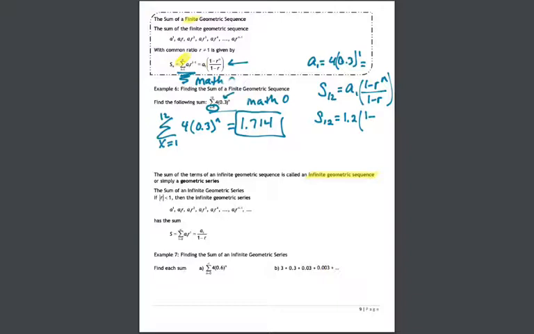So you're going to do 1 minus 0.3 to the n power, which in this case is 12, all over 1 minus 0.3. And when you type that into your calculator, you should still get 1.714.